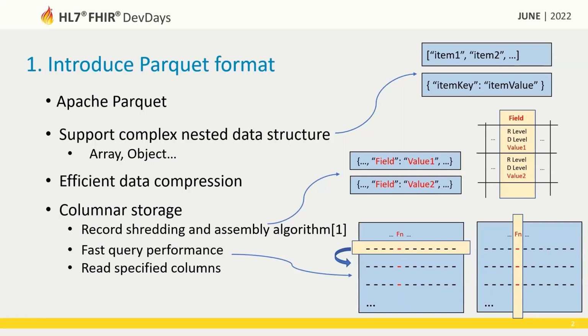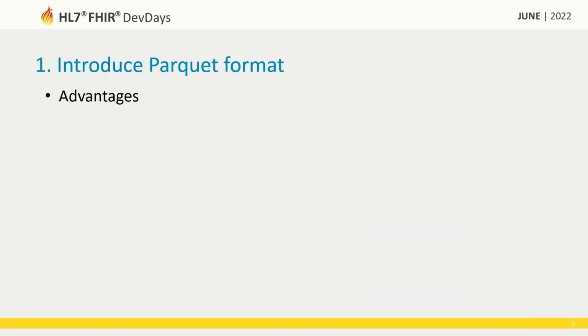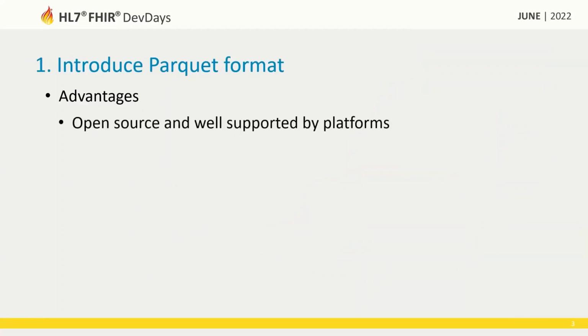Here we can easily see another benefit. The Parquet format supports reading specified columns, and only the values under those required columns will be returned. It will not scan other fields in the dataset. So, to summarize the main advantages of the Parquet format, it's open source by Apache, which means it's currently being improved, maintained, and supported among the communities by users and developers.